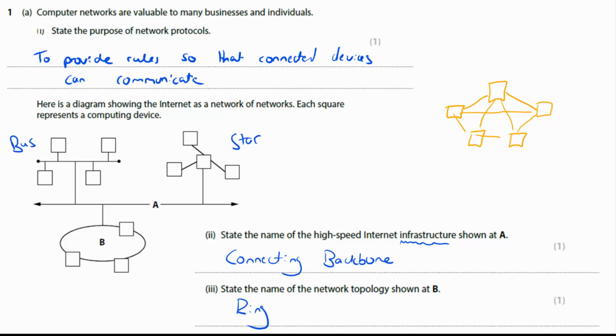So this, if I've done this right, would be a full mesh. And a partial mesh would be if it was missing some of these links. So you can also have partial meshes. It's not always a perfect link. It can still be a mesh topology if it's partial, because obviously the larger it gets, the more physical wires you need to connect the devices. So bear that in mind.